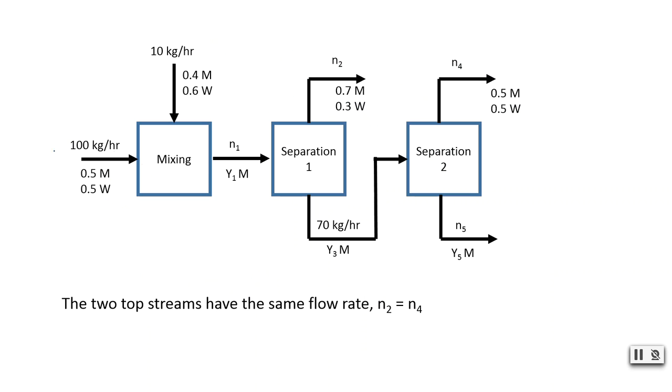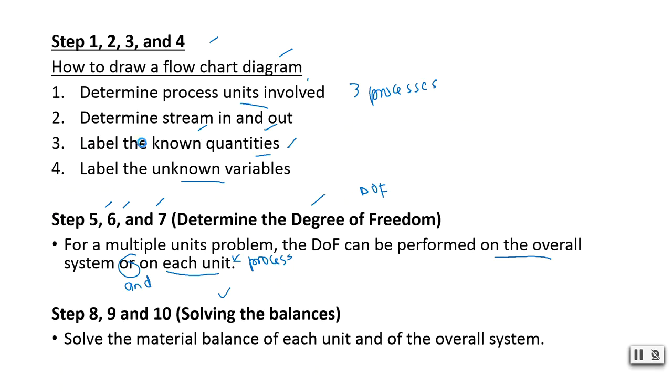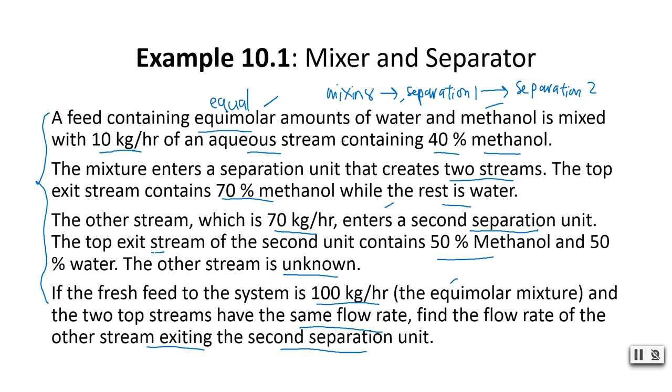Based on the information given in Example 10.1, we came out with this block diagram. This is the feed, containing 100 kg per hour, and because it is equimolar, it has 50% of both components, equimolar water and methanol.